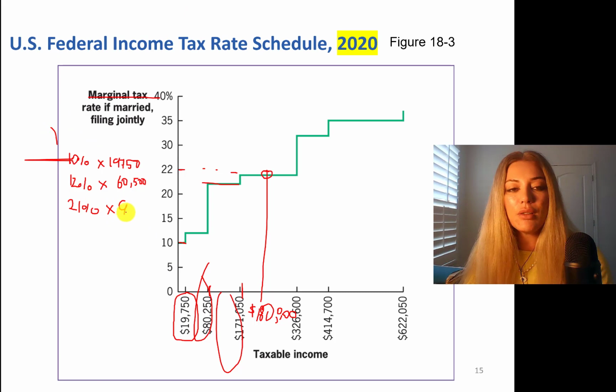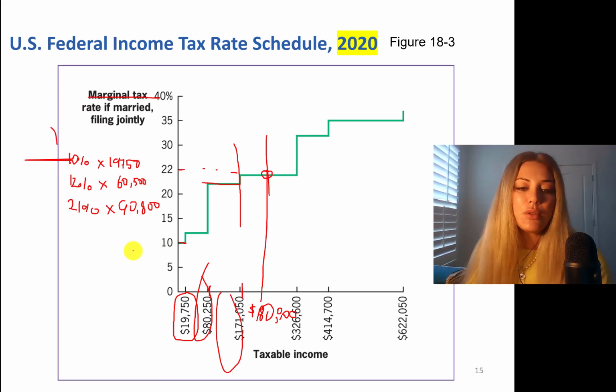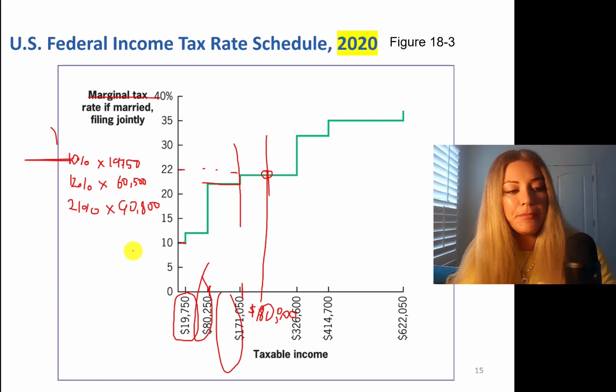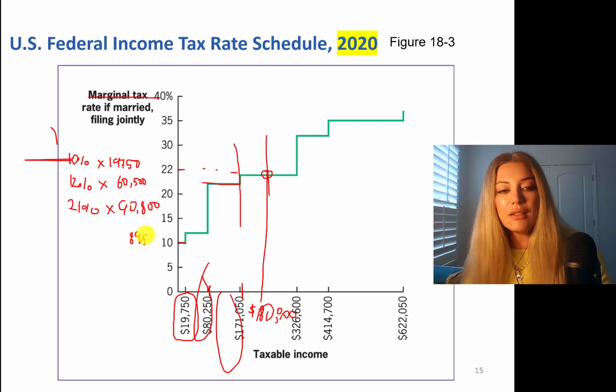I'm paying 24%. And from 171,050 to 180,000, that is going to be 180,000 minus 171,050. So the last portion is $8,950. I'm paying 22% taxes on this.